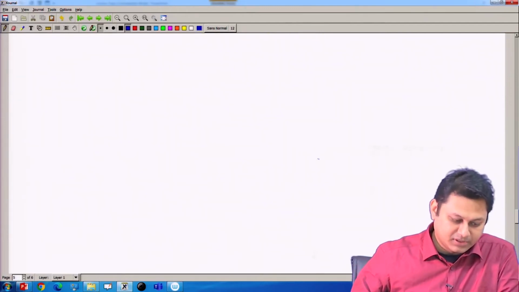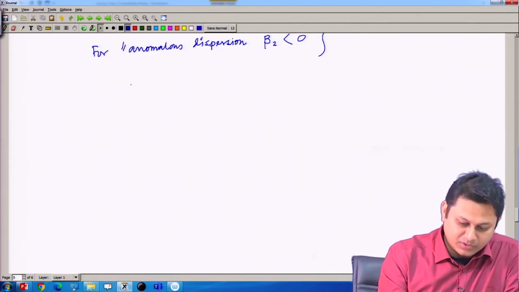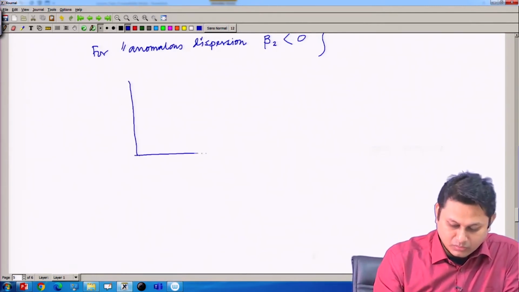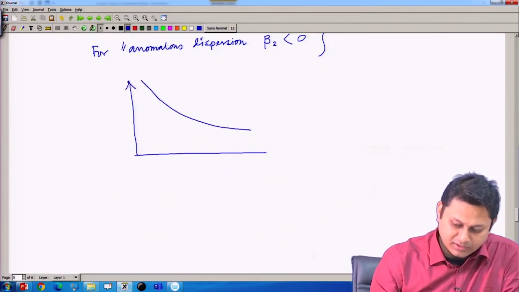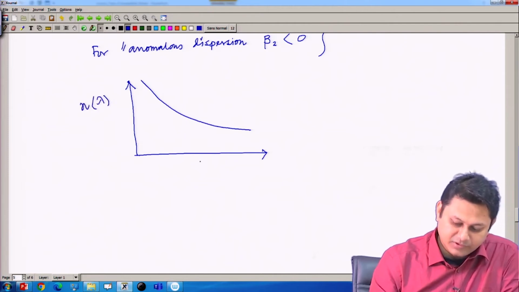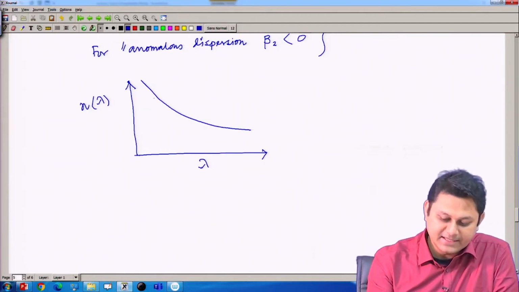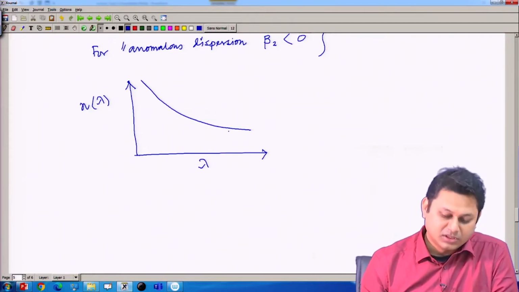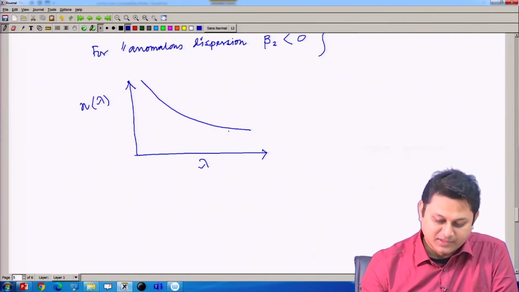Now, in a different way one can understand the normal and anomalous dispersion. So, let me try it out. This is the curve of dispersion, the refractive index as a function of lambda, and this curve is drawn in a normal dispersion regime, where the refractive index is decreasing with respect to lambda. When the refractive index is decreasing with respect to lambda, it is in normal dispersion, and when it is increasing with respect to lambda, it is an anomalous dispersion.